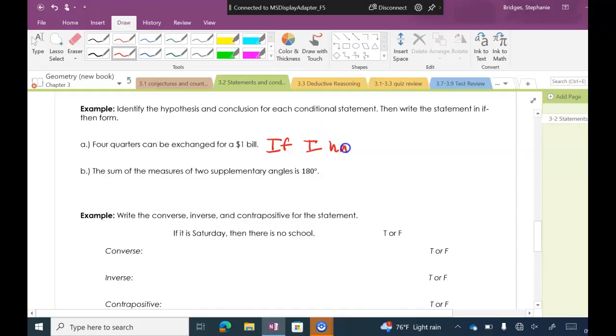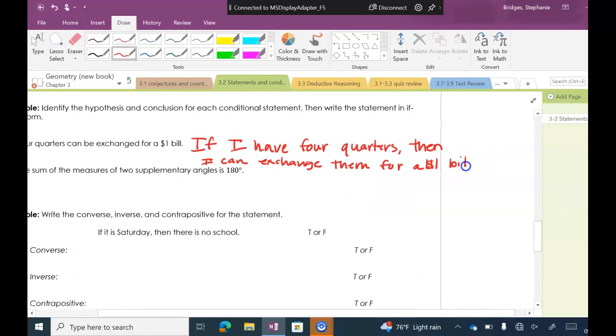If I have, or you have, or whatever, it doesn't have to be word for word, 4 quarters, then I can exchange them for a $1 bill. And once you write it in if-then form, then you can go back, underline your hypothesis once, your conclusion twice.